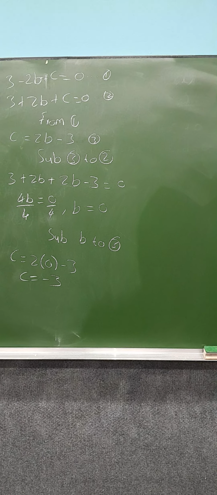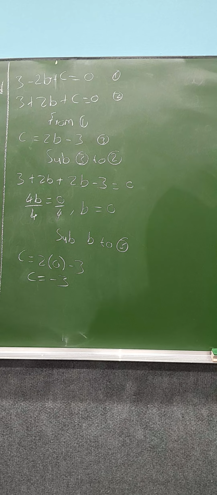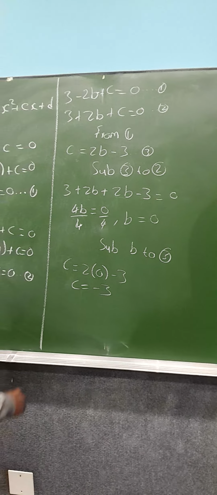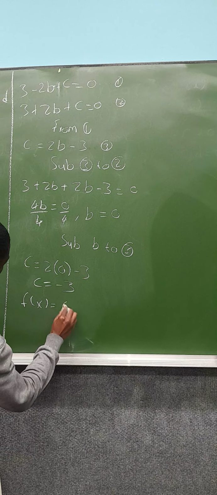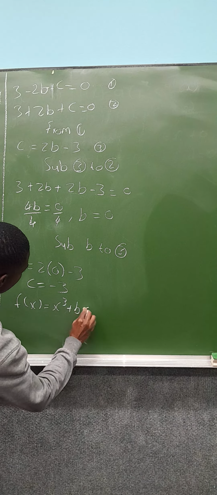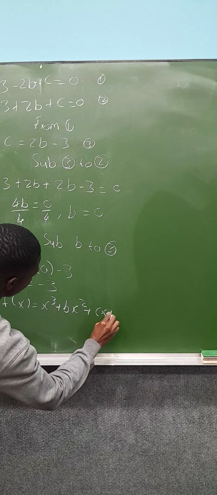So now I can take it back to the equation. Taking it back there, I have f of x. The equation was f of x equals x cubed plus bx squared plus cx plus d.